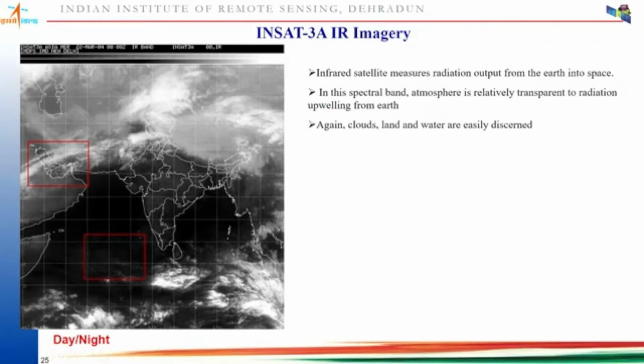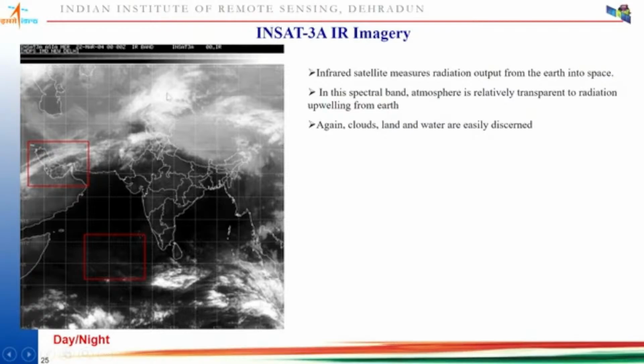Now here one has to remember that the clouds have low temperature, so emission will be low, so it should be dark. Clear? The emission from the cloud is low because of its lower temperature, so the temperature will also be low. So what we have done is we have inverted it.